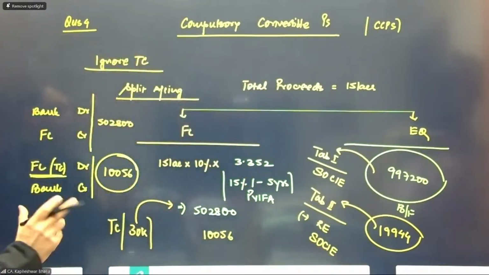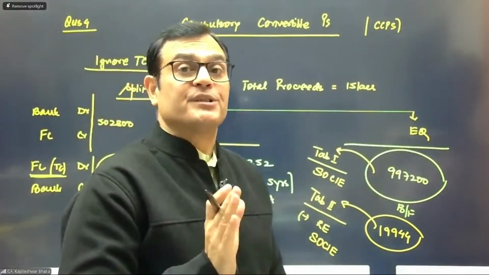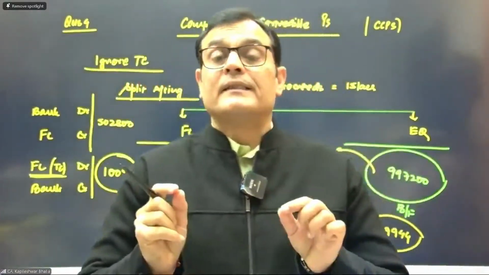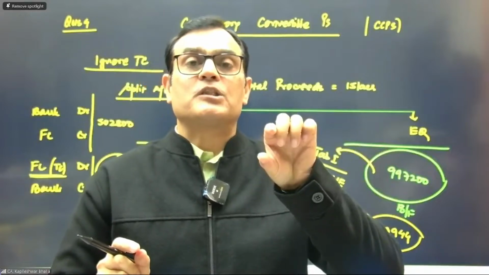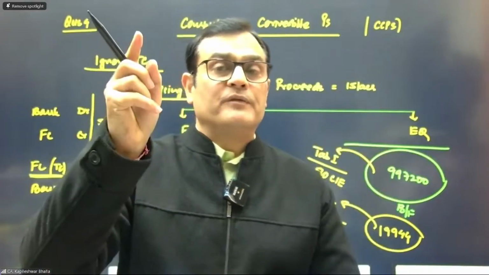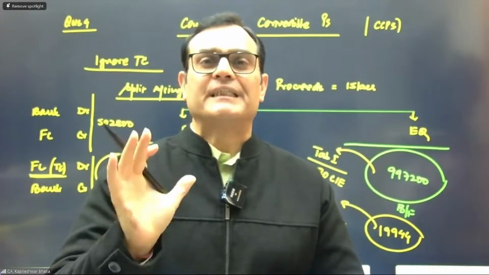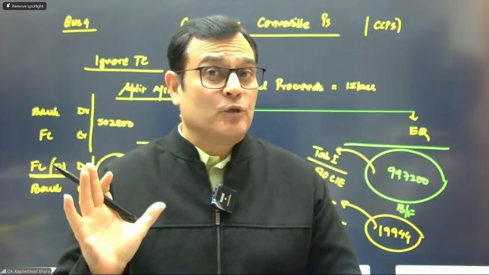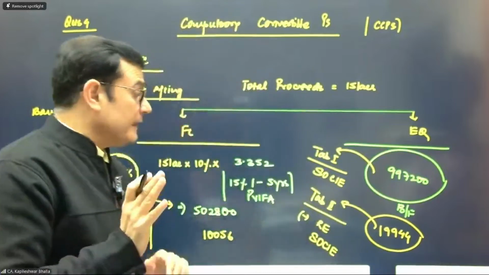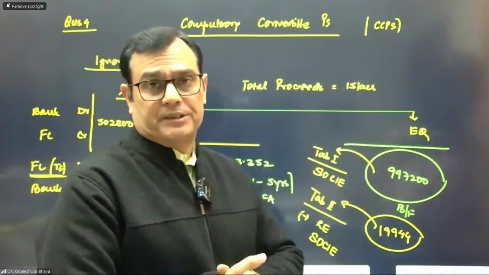So let me put this once again to you as far as the treatment of TC is concerned. When the company incurs a transaction cost, we need to first split that transaction cost between the FL and the equity component in the ratio of proceeds. You do the split accounting ignoring the transaction cost, if any, and then this amount of TC is simply divided in the ratio of proceeds.